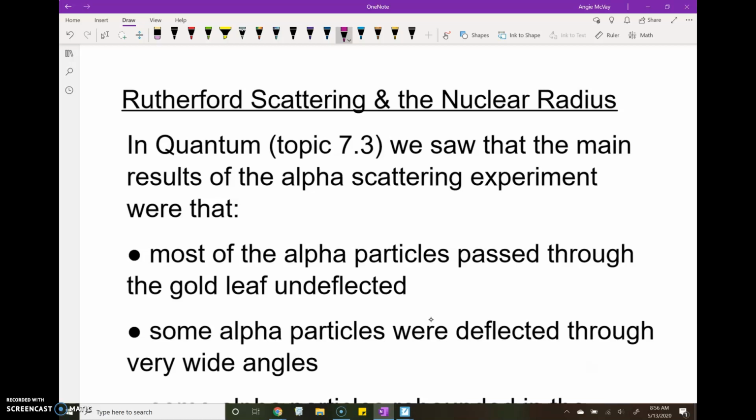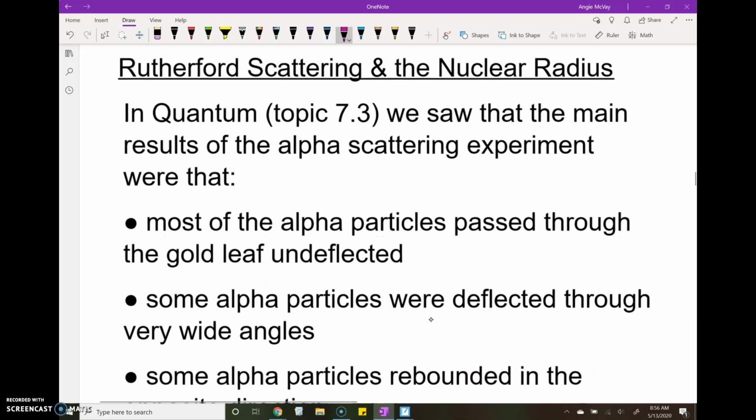He found that there were very, very dense regions of an atom that had the positive charge, and the rest of an atom was pretty much empty space. And so that helped us understand what an atom looked like, in terms of how it was built. He was also able to calculate something else that was really interesting, which is a nuclear radius.